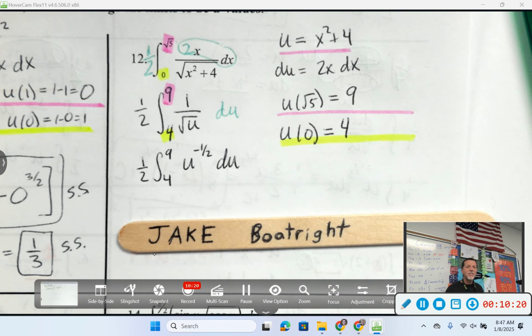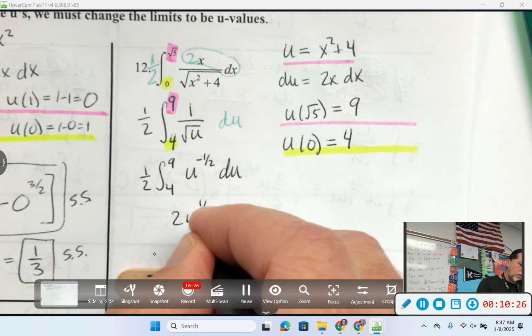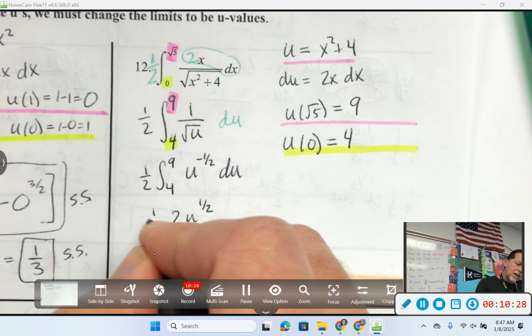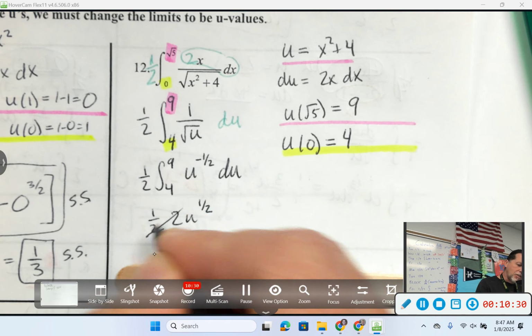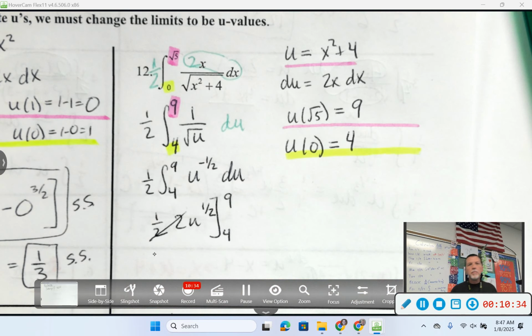Jake, what's the antiderivative of u to the negative 1/2? 2u to the half. 2u to the 1/2, yes. And then we also have that 1/2 out front, so those will cancel. And again, because I've switched my limits to u limits, I'm ready to go with this problem.